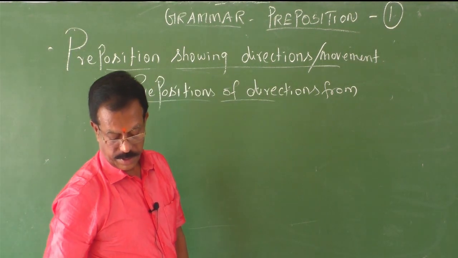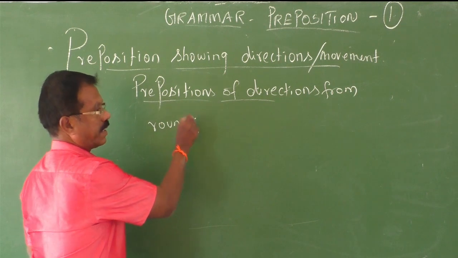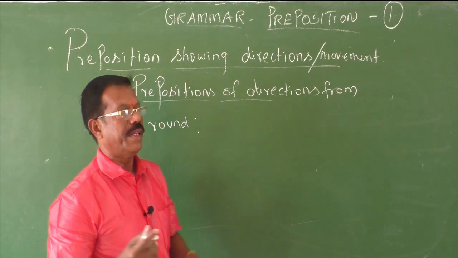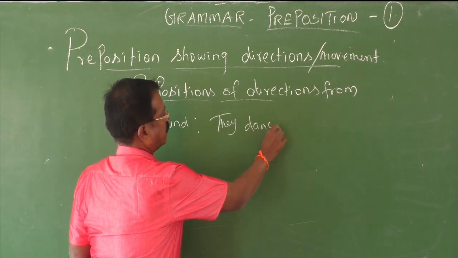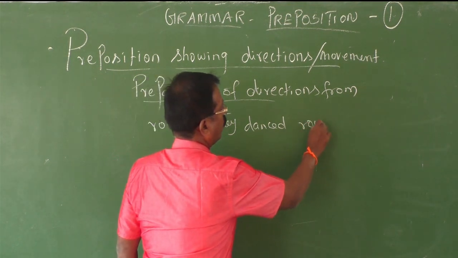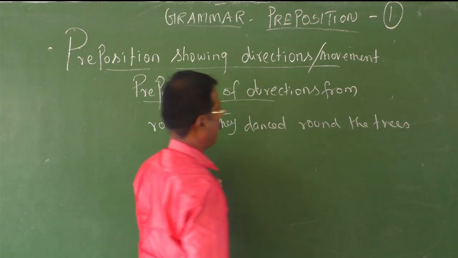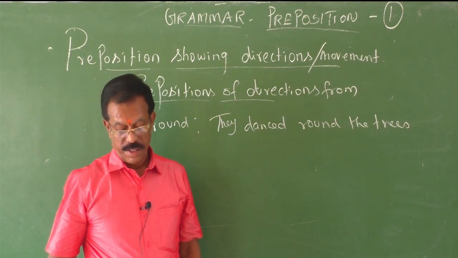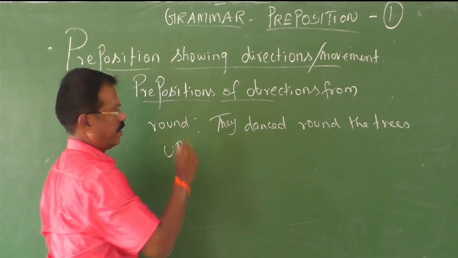Let me give you examples for such prepositions also. Okay, so round. What does it mean? They danced round the trees. Then up, another preposition.